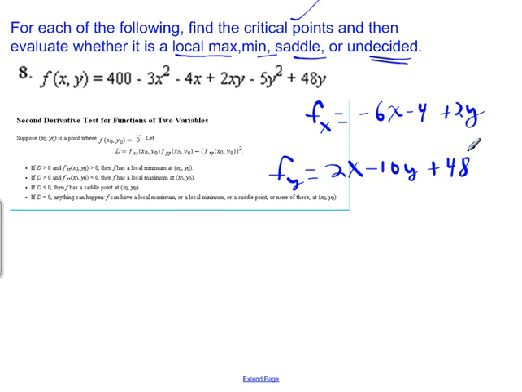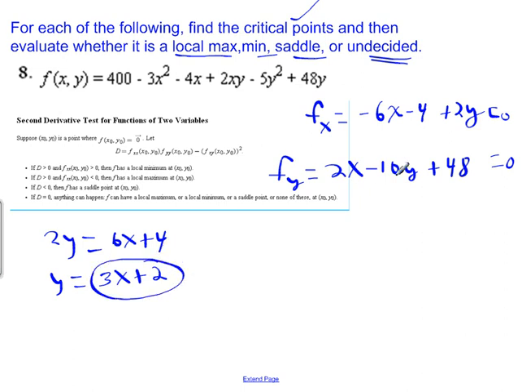We want to know when these equal 0. So if I look at my top equation, I know that when 2y equals 6x plus 4, or when y equals 3x plus 2, that f partial x will equal 0. And then I can plug this value in for y here.